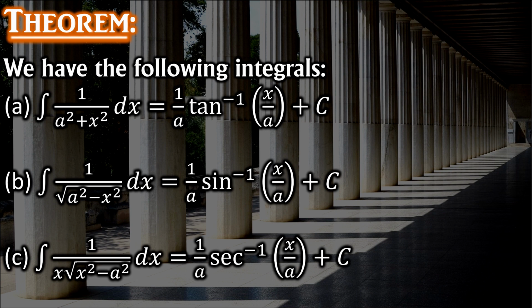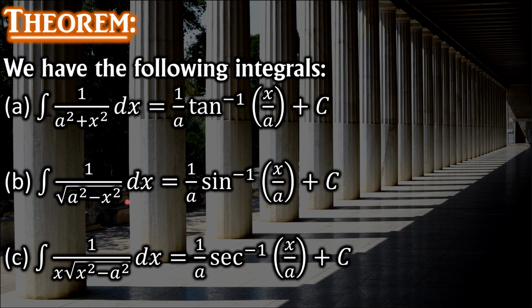So if I see anything squared plus x squared, I can use this rule now to make it 1 over a arctangent of x over a. In our previous example, a was 4, because 4 squared is 16. So from now on, when I see like 1 over 16 plus x squared, I can say, oh, well, that's 4 squared, so I'll put it as 1 over 4 and then x over 4.